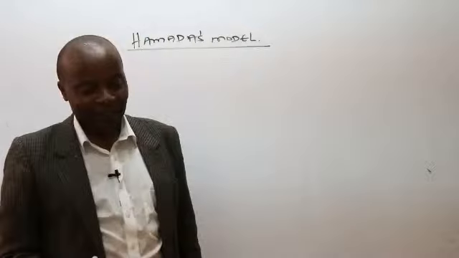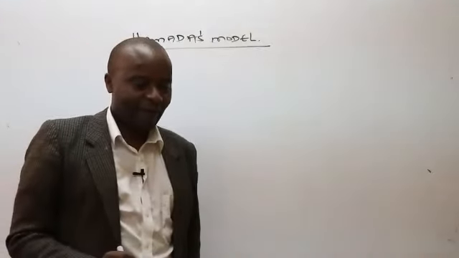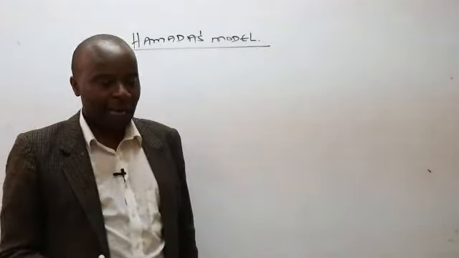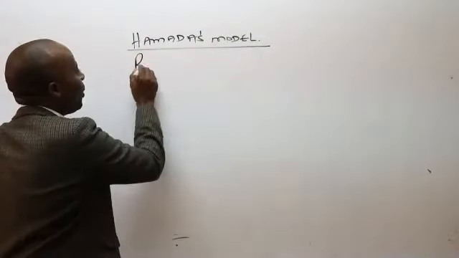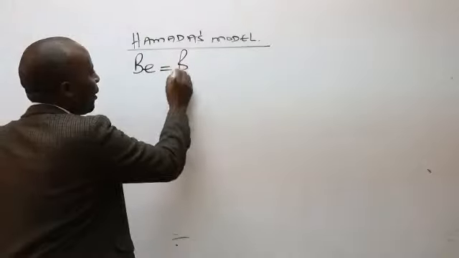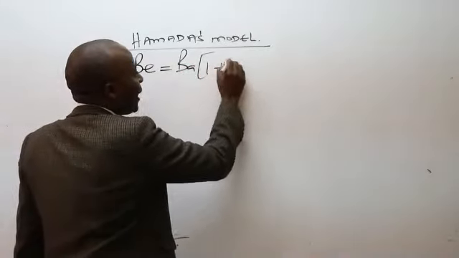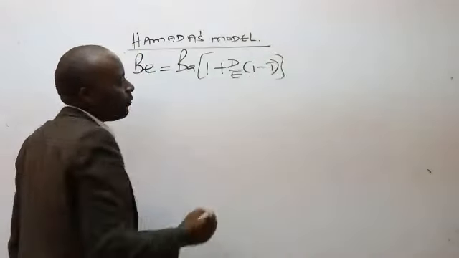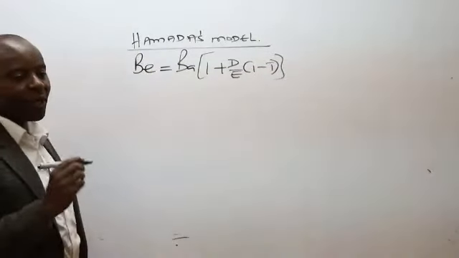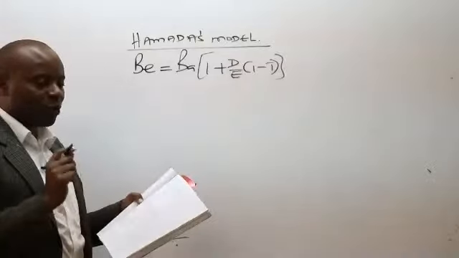Great. So Lucy, here we are. Hamada's formula: we have beta equity equals beta assets into 1 plus debt to equity ratio, which has to be adjusted for what here? For tax. Debt to equity ratio must be adjusted always for taxation.